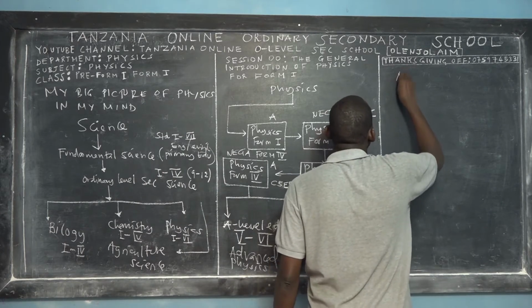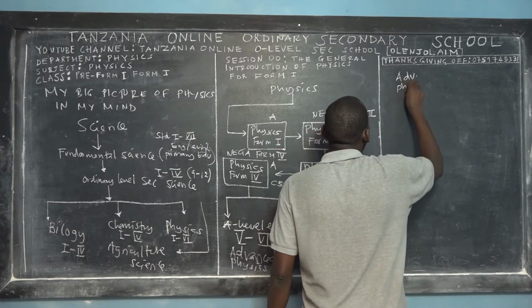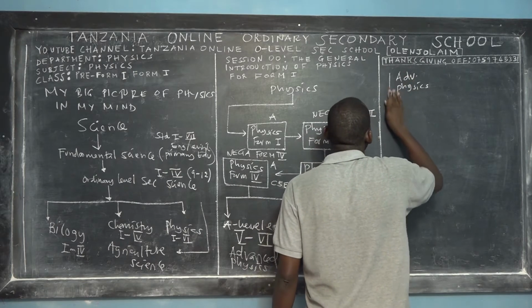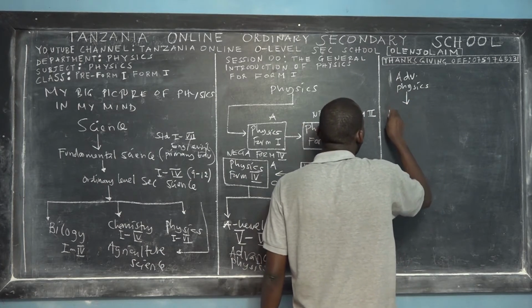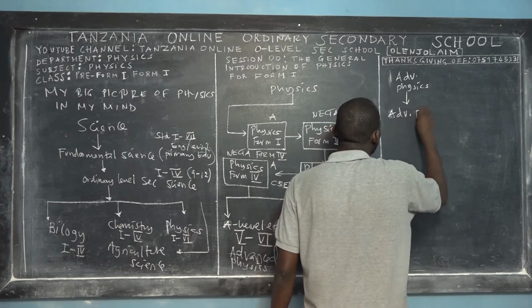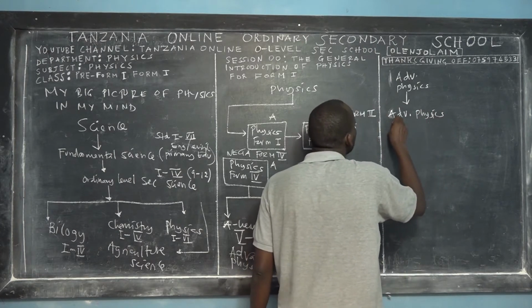Okay? And the good news, it means that in case we take, for example, this advanced physics, okay, advanced physics. So let us go. So in this route of advanced physics, we'll have how many routes? 2 routes. Okay, we have advanced physics for the Form 5, right?